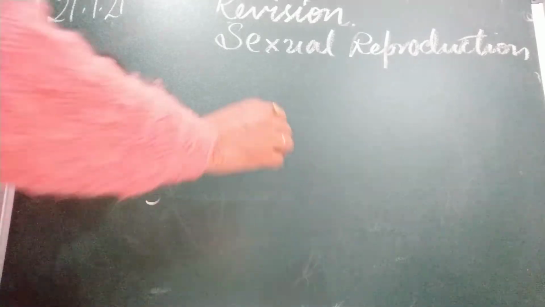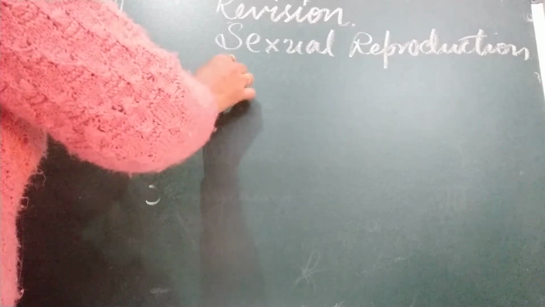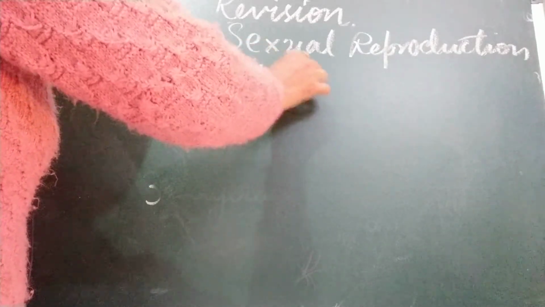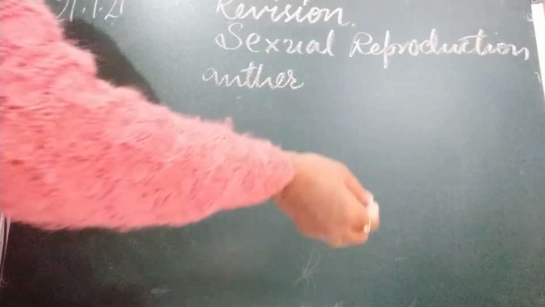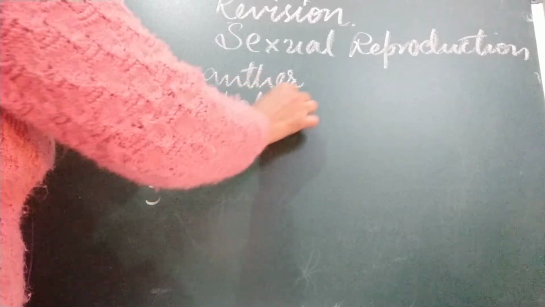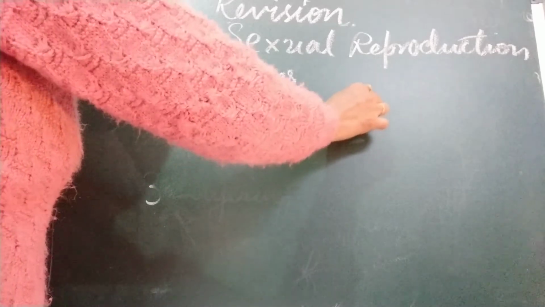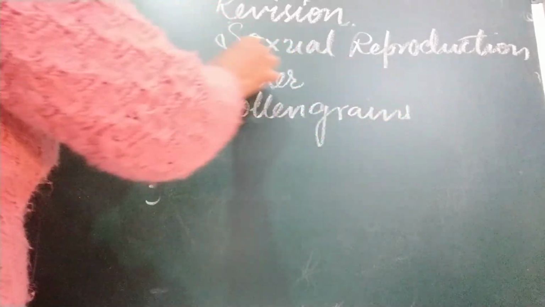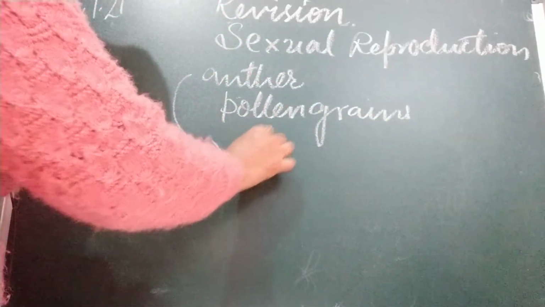Children, the male part, the anther, has male gametes. They are called pollen grains. Pollen grains contain male gametes. Pollen grains have to move from the anther to the stigma of the flower.